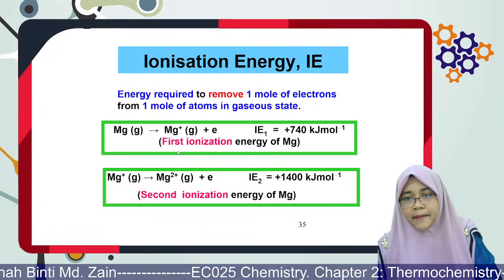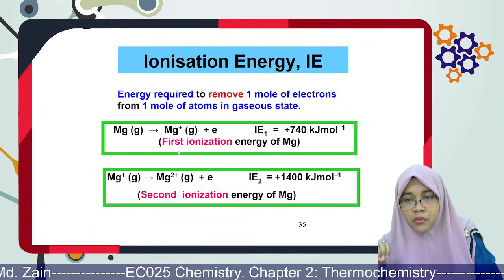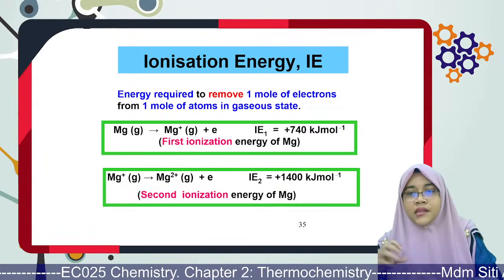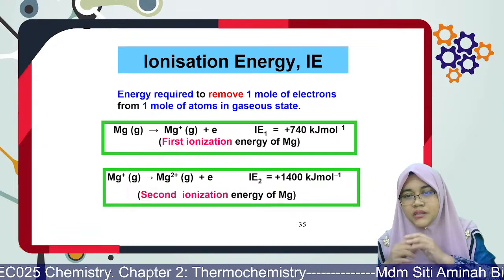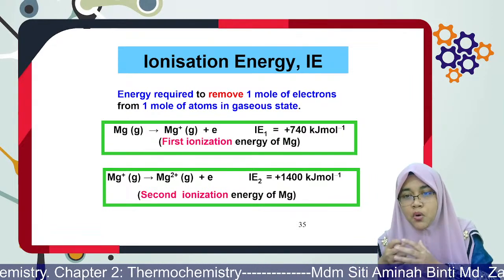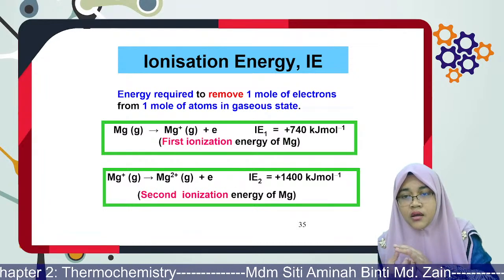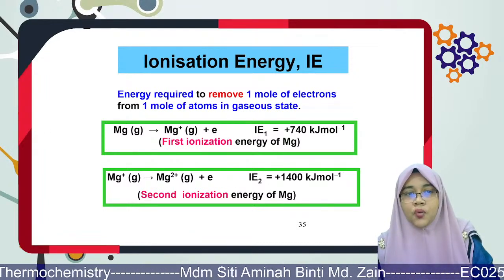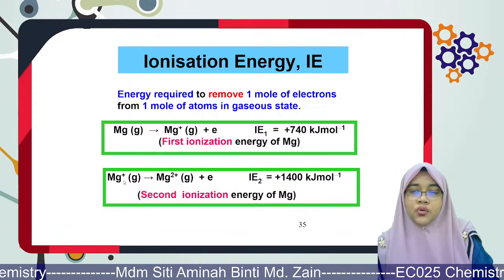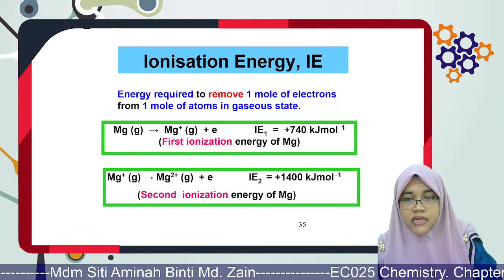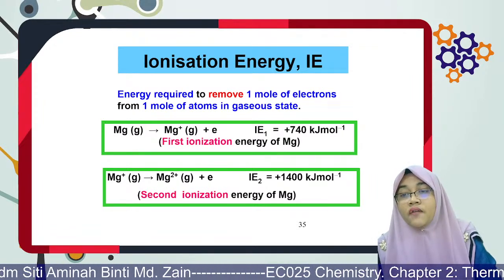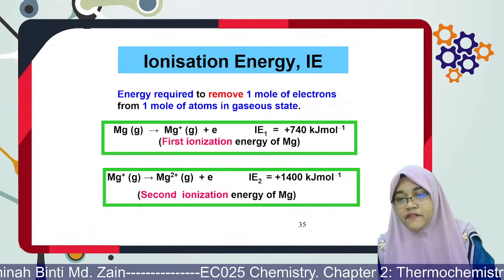The second time an electron is removed is more difficult because the size of the ion becomes smaller than its previous atom. When the size becomes smaller, a lot more energy is required compared to the previous one.